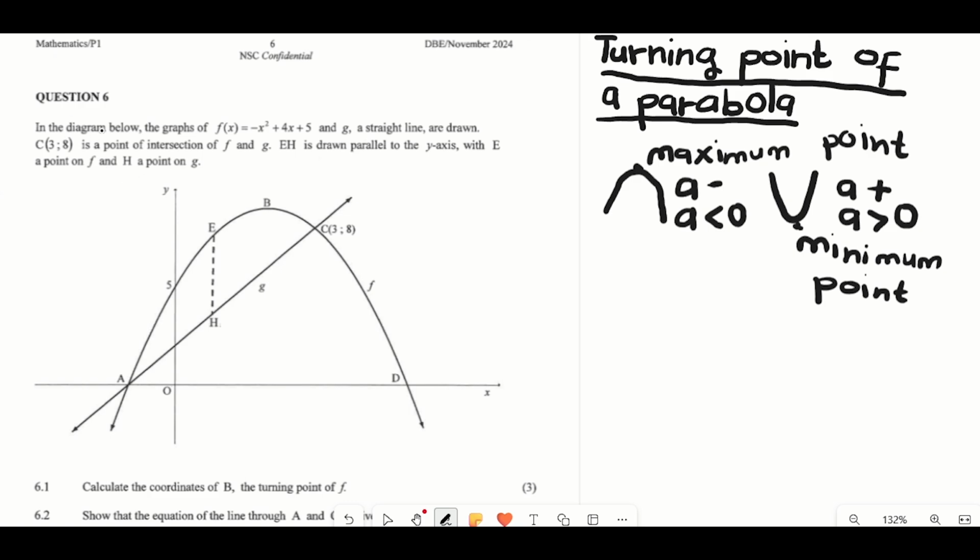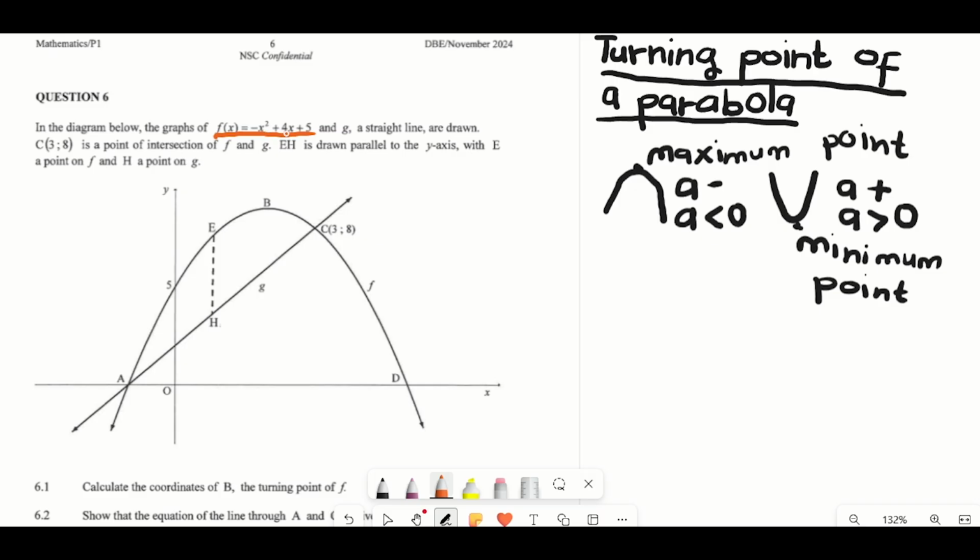So they're saying to us, in the diagram below, the graphs of f(x) = -x² + 4x + 5 and g, a straight line, are drawn. So g is a straight line, and then they've also drawn this graph, graph f. But if you didn't know which one is your parabola, you just look at the equation. The highest exponent is 2.